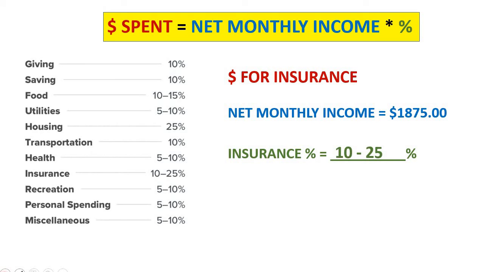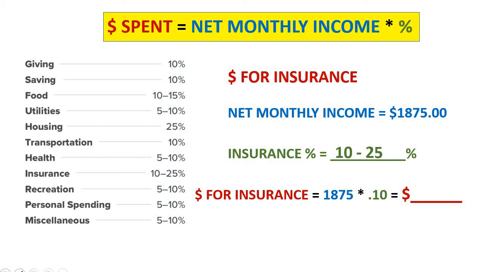Great, 10 to 25%. Beautiful. And again, now I'm going to look at what's the low end, what's the minimum amount that I want to set aside. And so that's my 10%. So there that is, monthly income. And so what's that minimum amount I want to set aside for insurance? Great, 187.50. Now I want to look at what's my maximum amount.